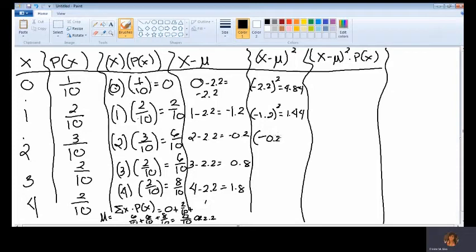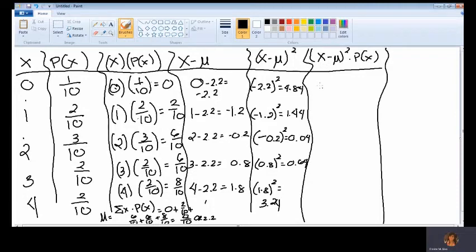Negative 0.2 squared is equal to 0.04. 0.8 raised to 2 equals 0.64. Lastly, 1.8 raised to 2 is equal to 3.24. I hope you understand this process.